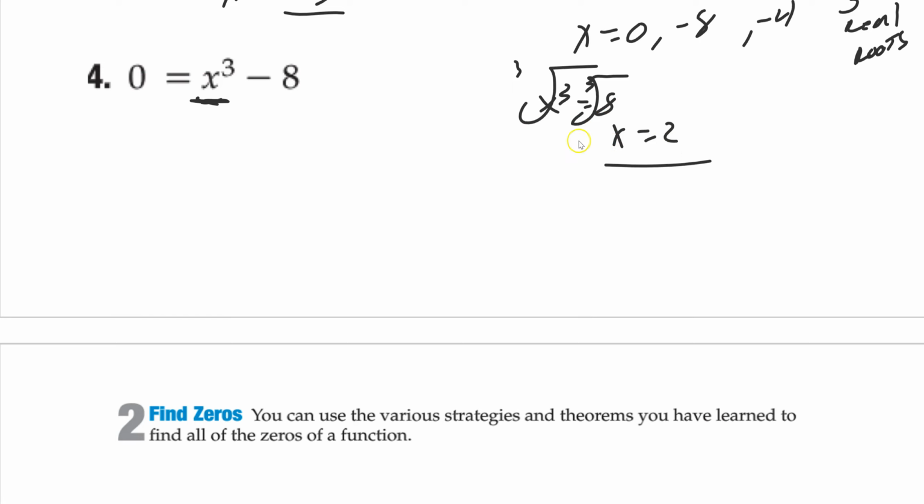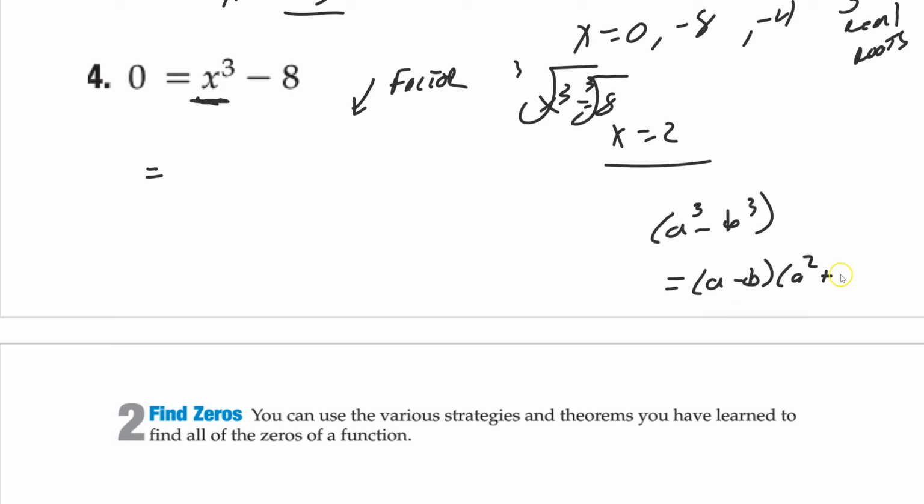So that's not right. Should have 3 answers, only have 1. What we have to do here is factor. If you factor this using the difference of cubes formula, which again I will give you, it's always same, different, positive.